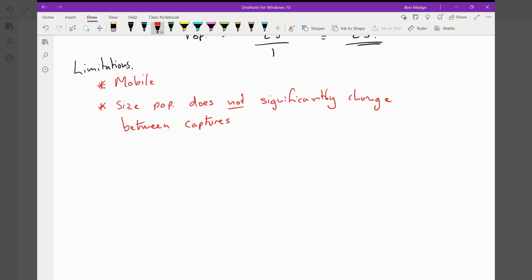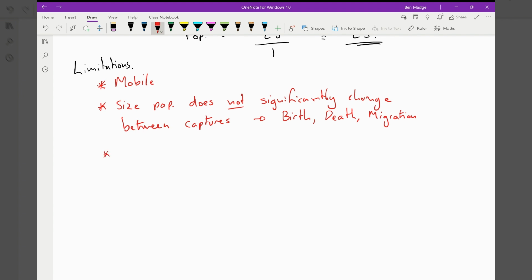So there aren't any big birth events like loads of woodlice hatching in my example. There aren't any significant death events that kill loads of them off in one go, so no one's put some sort of insecticide into it. There's no migration occurring or big movement, so all my woodlice aren't going to pack up and go south for the winter.